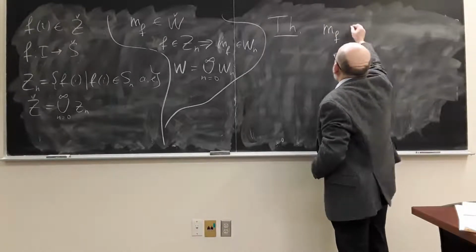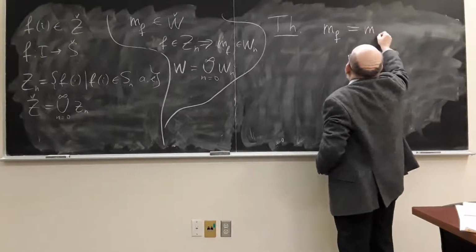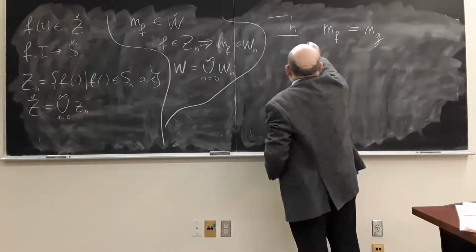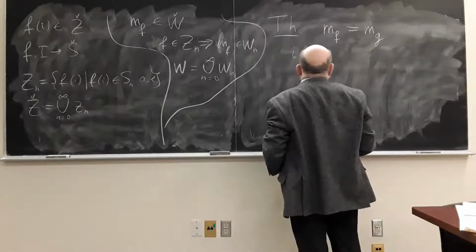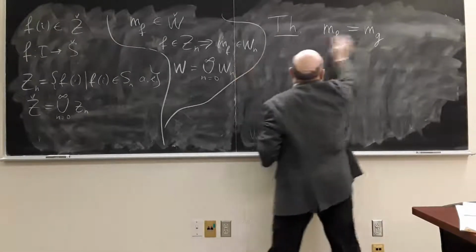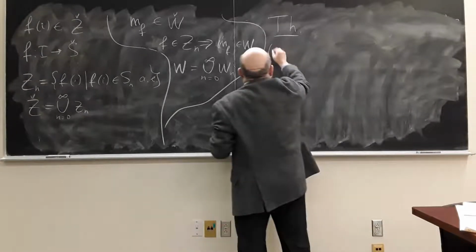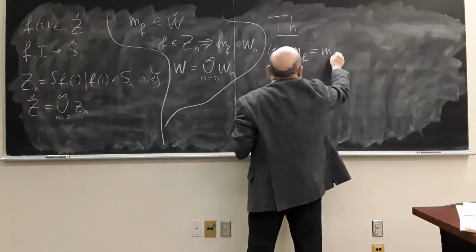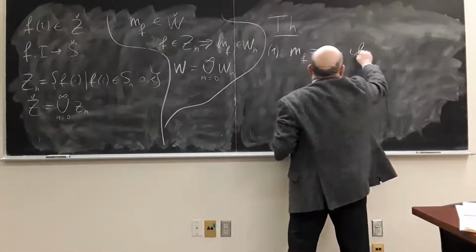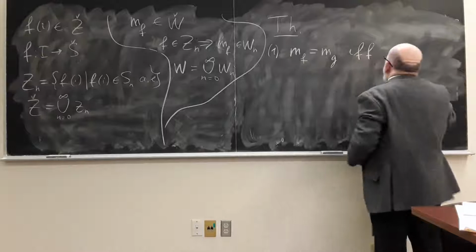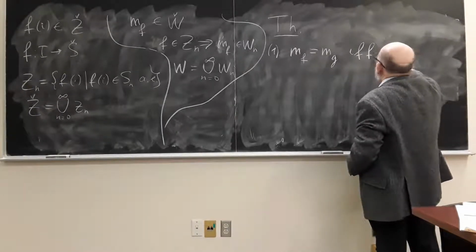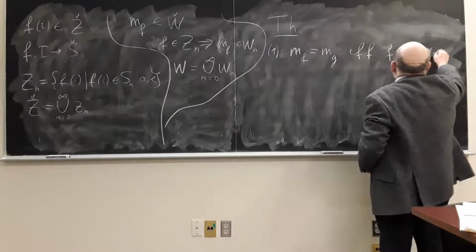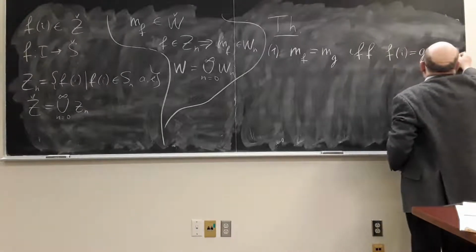MF equals MG if and only if F of I equals G of I almost everywhere.